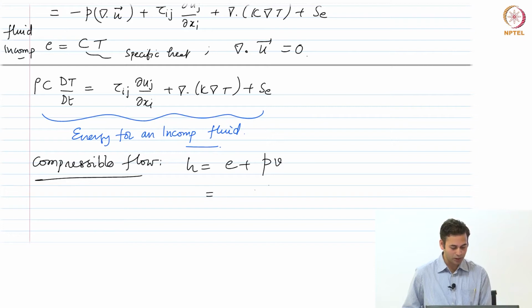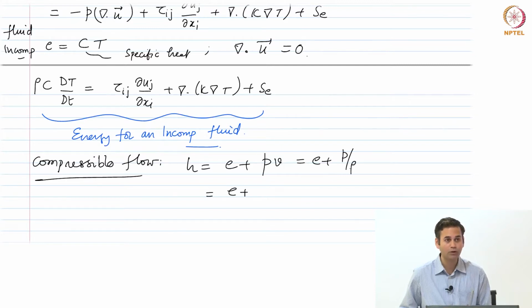So, this is nothing but E plus P upon rho, where 1 upon density is your specific volume. So, I can write H equals E plus P upon rho, where my E is Cp T. So, I can also calculate my total enthalpy, or stagnation enthalpy.